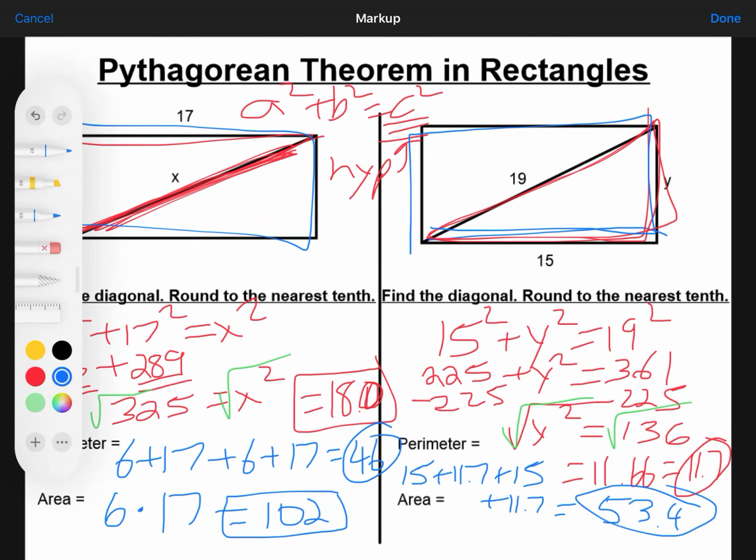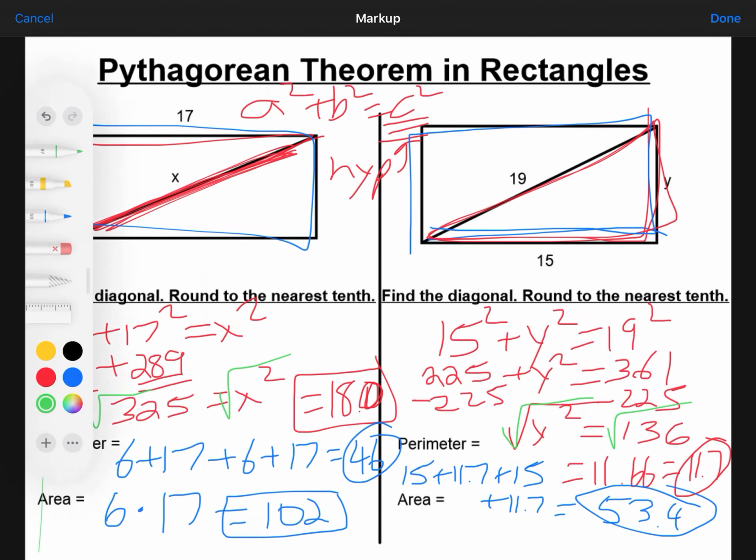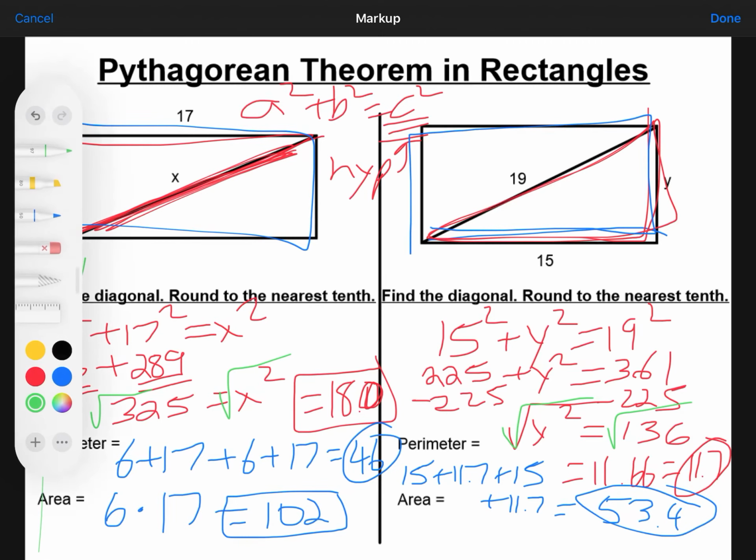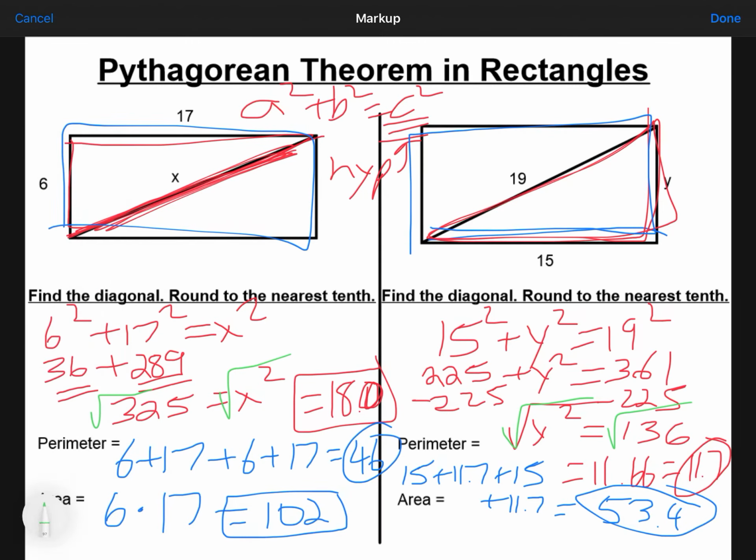And to find the area, you just have to multiply length times width. In this case, you'll have to multiply 15 times 11.7. So we had to do the Pythagorean theorem to even calculate stuff with area and perimeter. And now we've got it, and we're all good.